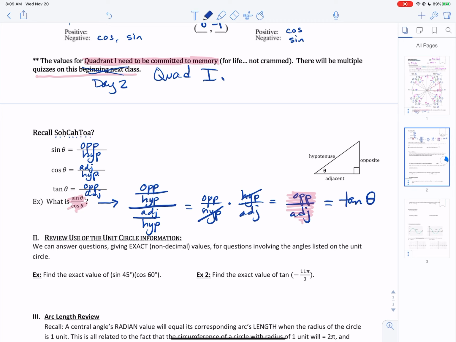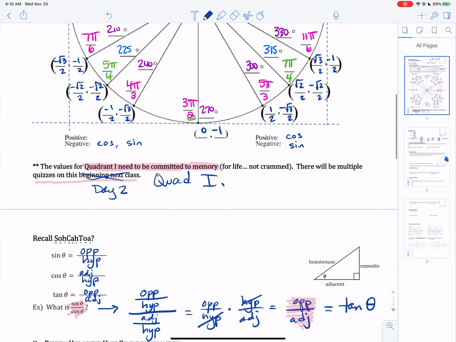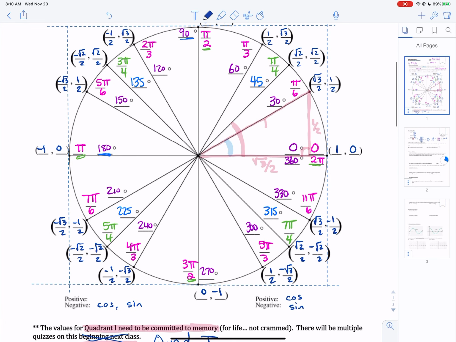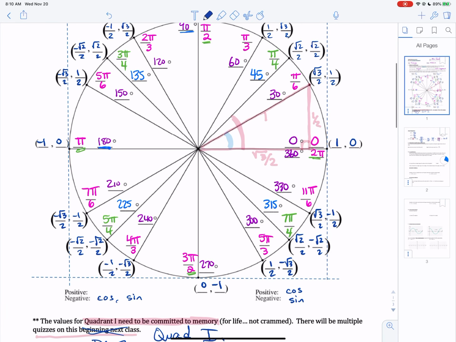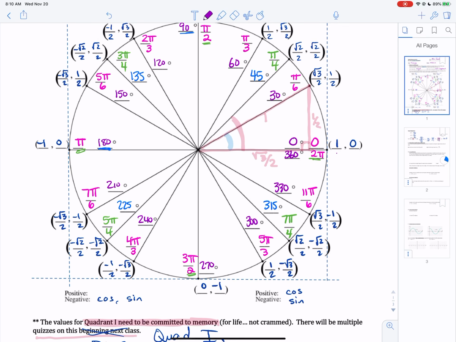So tangent would be the same thing as sine divided by cosine, which means up here under unit circle, you can use all of these lovely x and y values which represent sine and cosine. So again, x is cosine, y is sine, to also find tangent values.